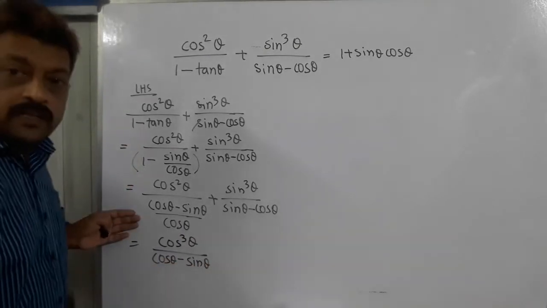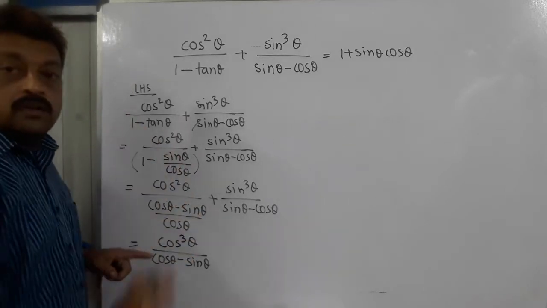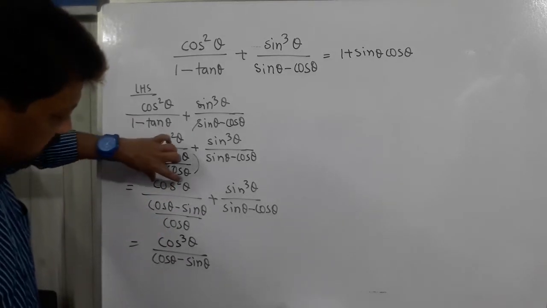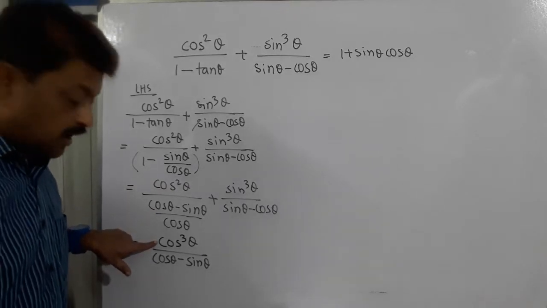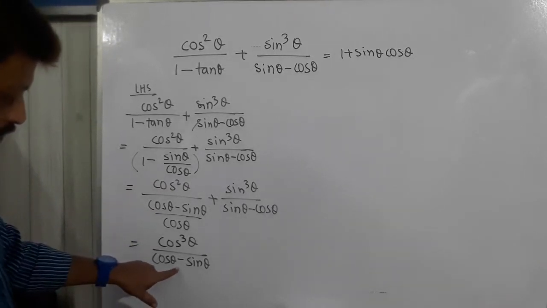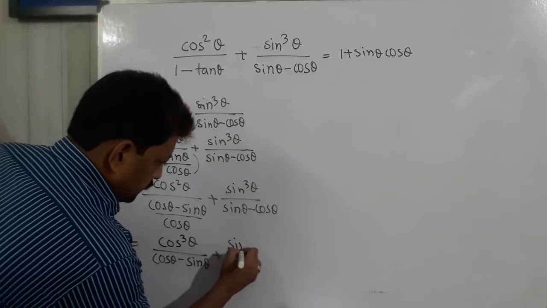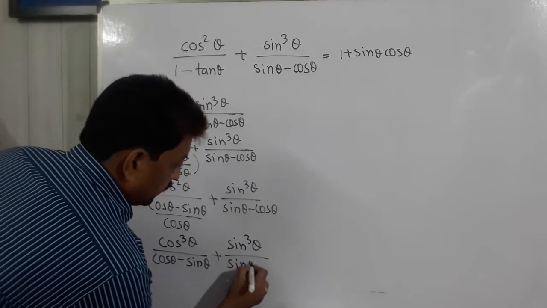This is the simple rule of fractions: the denominator of the denominator becomes the numerator. So cos cube theta divided by cos theta minus sin theta, plus sin cube theta divided by sin theta minus cos theta.